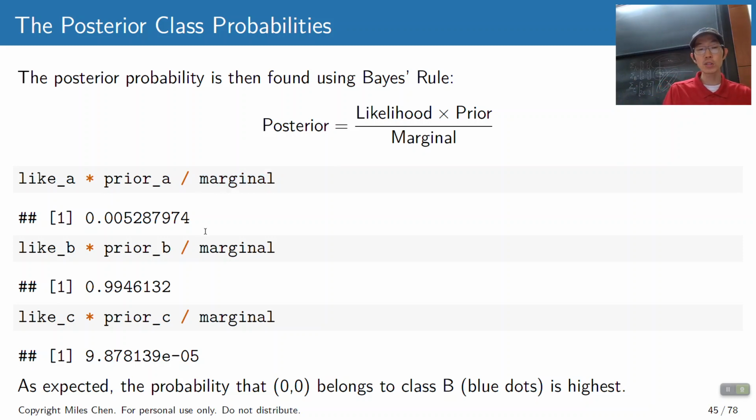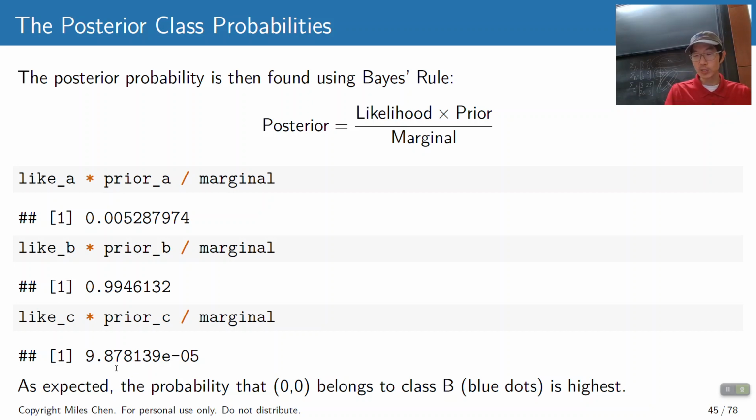And so when we do this, the probability that it came from class A is 0.005, about 1/2 of 1%. The probability that it came from class B is 0.995, basically 99.5%. And the probability that it came from class C is 10 to the minus 4, very, very small, like a 1 in 10,000 probability.